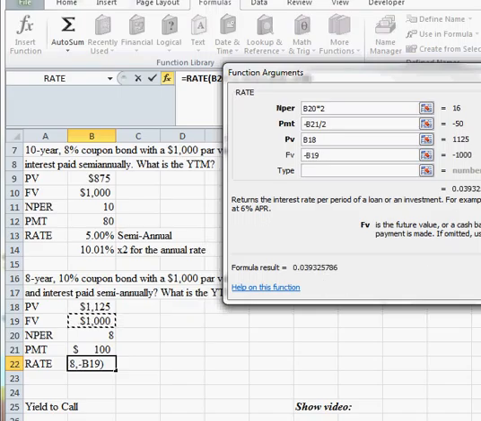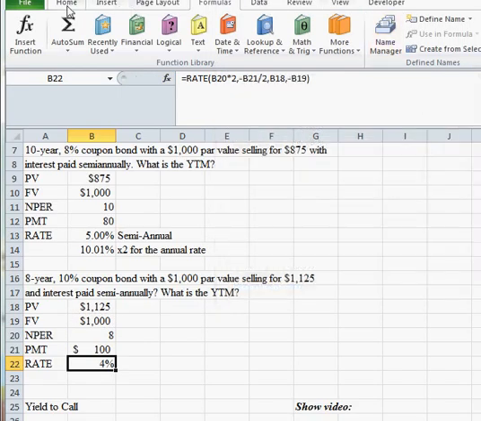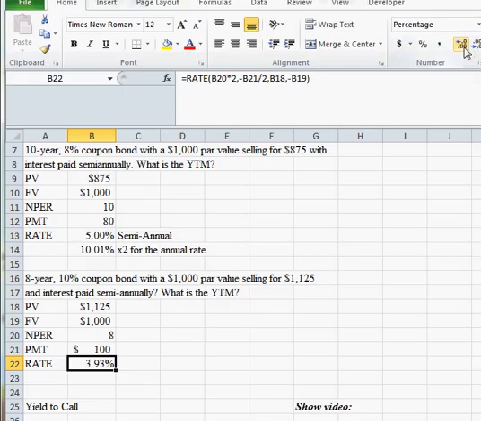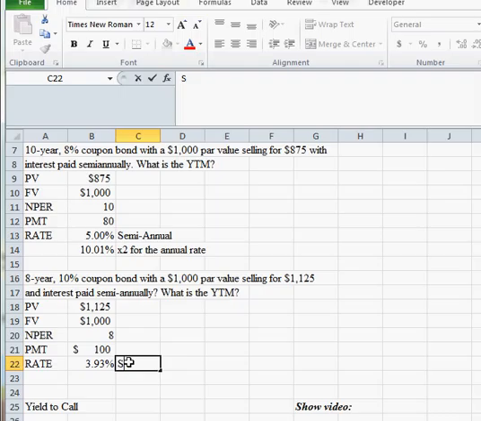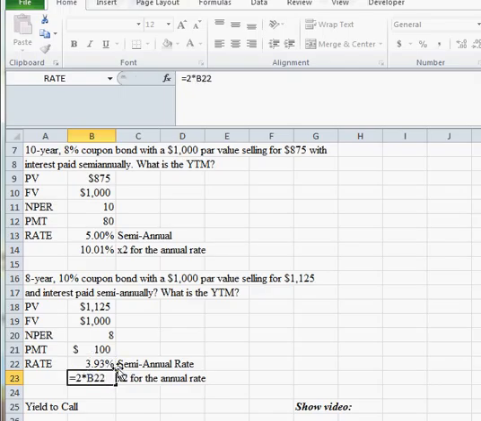Okay? And then give us 2 decimal places again, 3.93. Semi-annual rate. We'll take it times 2 for the annual rate, which is the final answer. So equals 2 times 3.93. Turn it into a percentage and give 2 decimals.